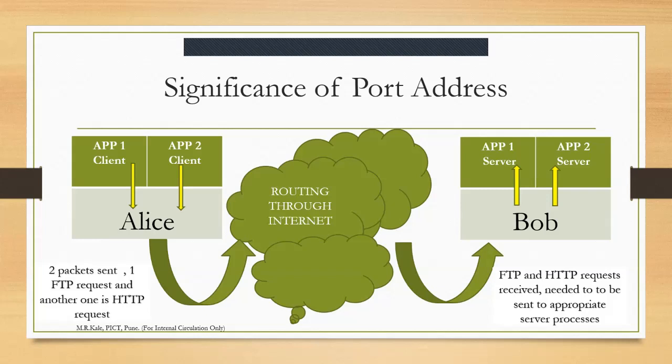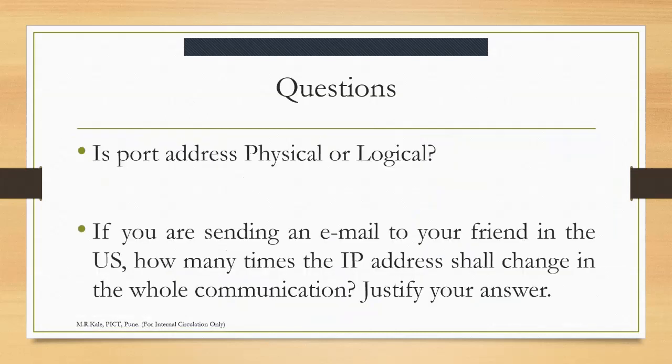And hence, IP addresses are known as host to host address. And it is used for host to host communication. And port addresses, which are nothing but process addresses, are talking to each other, like the peer-to-peer process we have already discussed. So port addresses are used for process to process communication. This is all about the addresses used in the TCP/IP model.